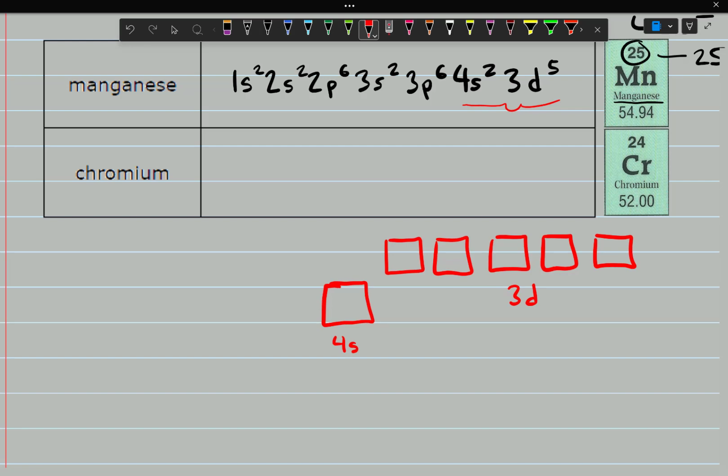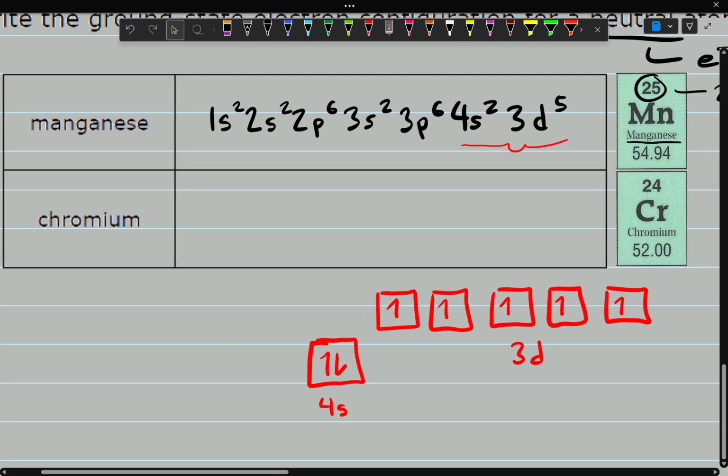Our 4s orbital, as we can see, 4s2, this is filled. And our 3d5 orbital has every orbital filled with 1 electron. So all these orbitals are half filled.